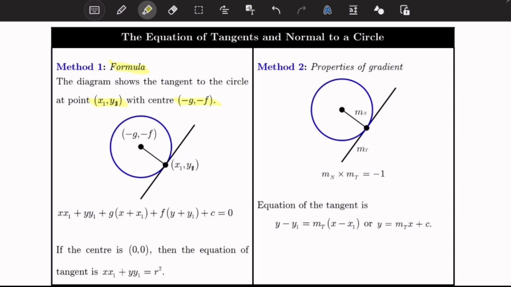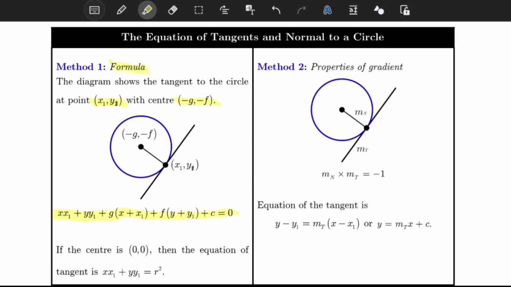We are going to substitute this information into this formula, which is x x1 plus y y1 plus g(x + x1) plus f(y + y1) plus c equal to 0.